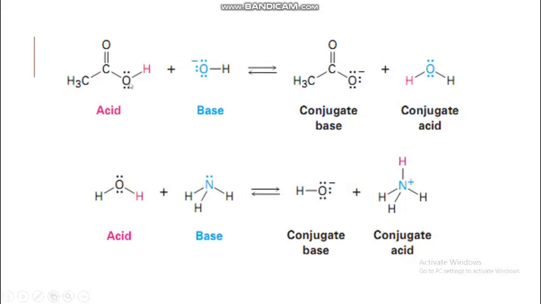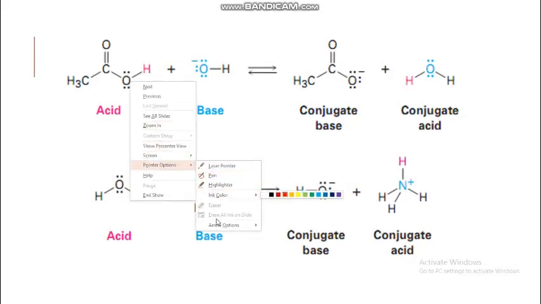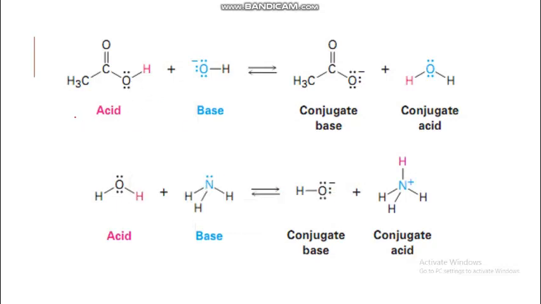We have here another set of examples: the reactions of acetic acid and hydrochloride, then water and ammonia. So first, let's have the reaction of acetic acid and hydrochloride. Acetic acid serves as the acid as it gives off the hydrogen to our base, which is the hydrochloride.